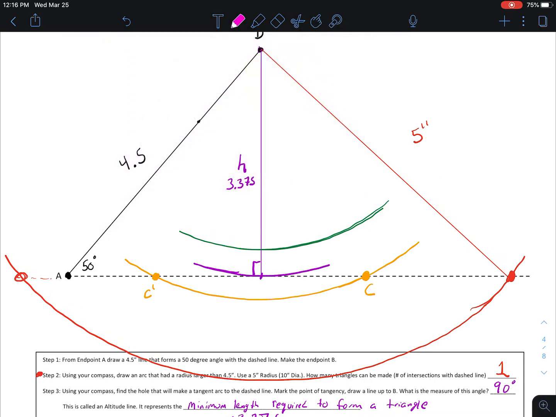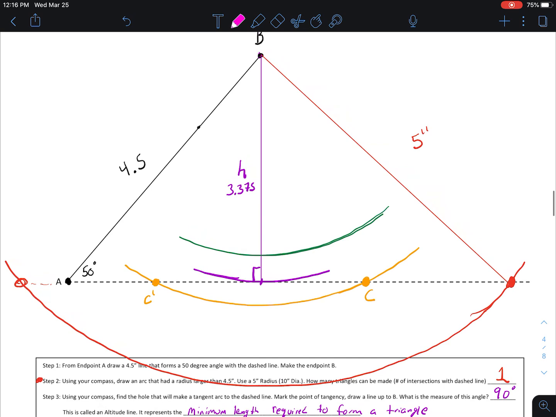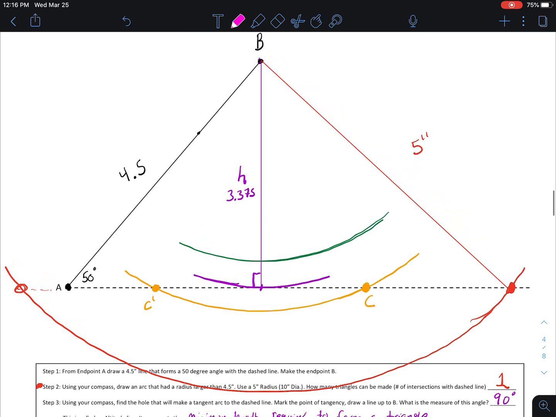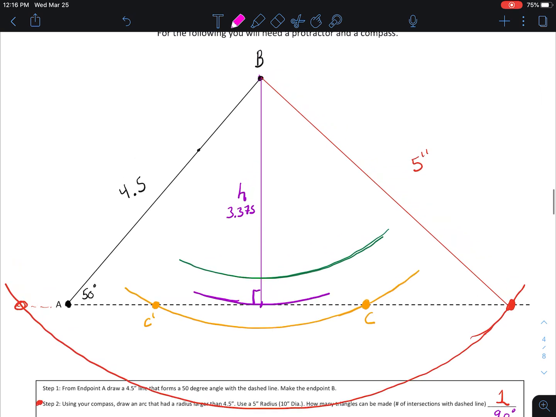Let me get a different color. All right, so we'll go pink. Would be if I had the fixed side of A, and then I had the side that connected B to this first location of C. So I had from there, and then I went along this dashed line here.